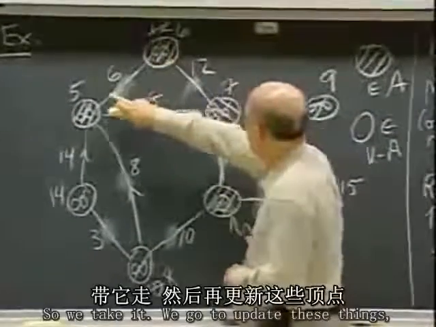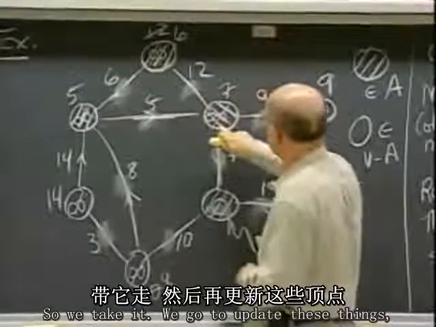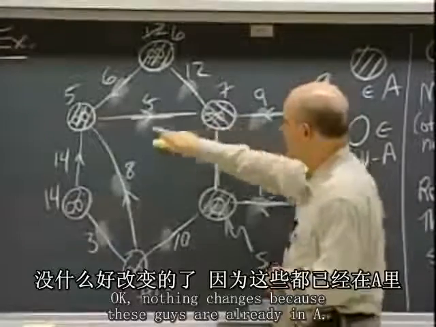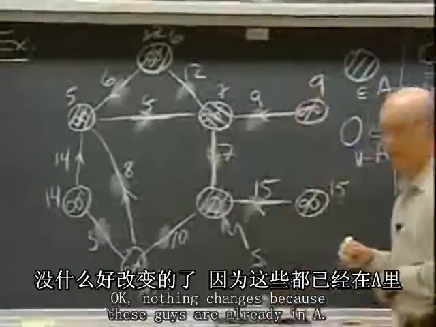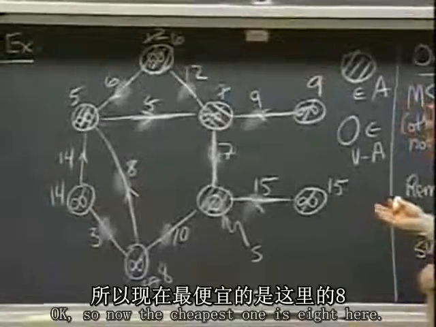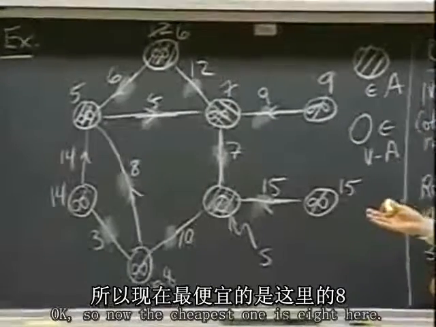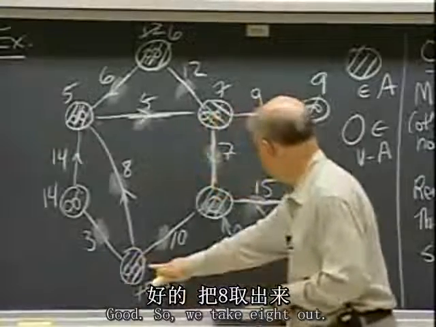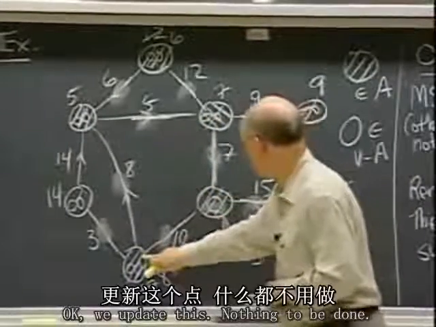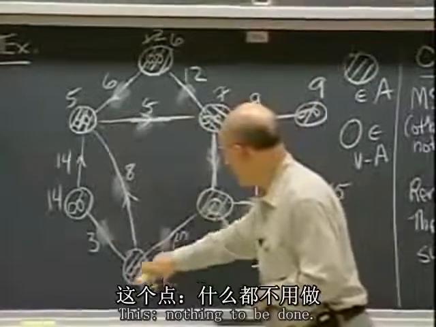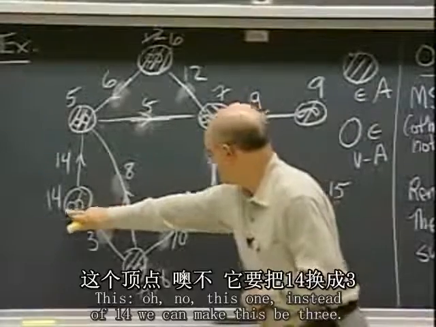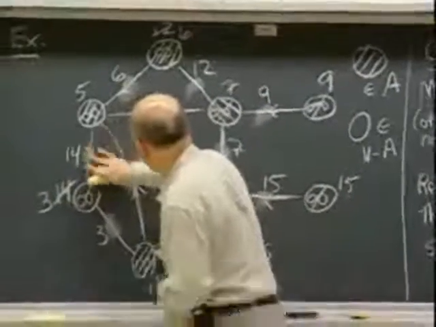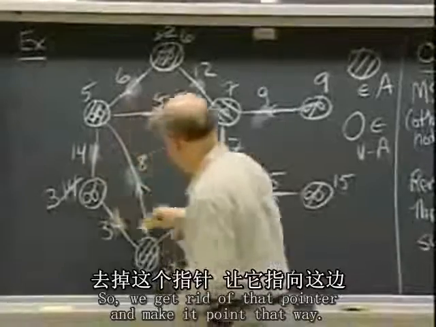So we take it, we go to update these things, and nothing changes because these guys are already in A. So now the cheapest one is 8 here. Good. So we take 8 out. We update this, nothing to be done. This, nothing to be done. Oh, no, this one, instead of 14, we can make this be 3. So we get rid of that pointer and make it point that way.